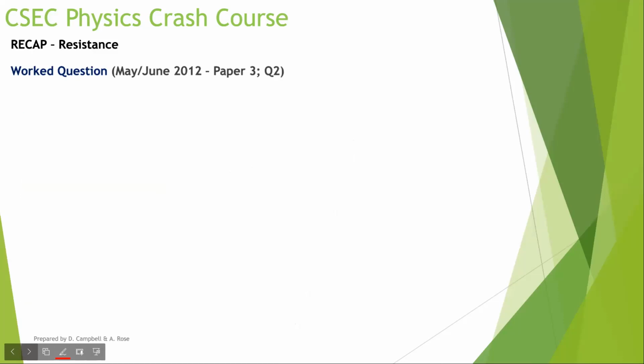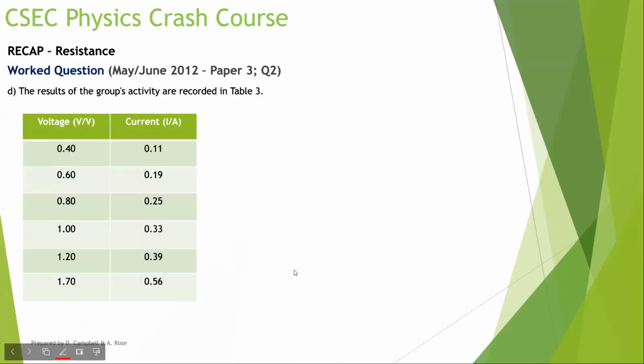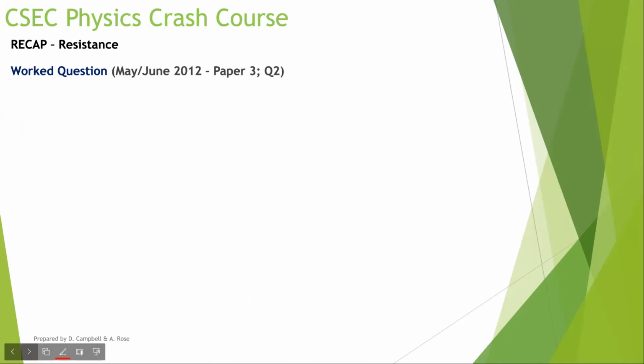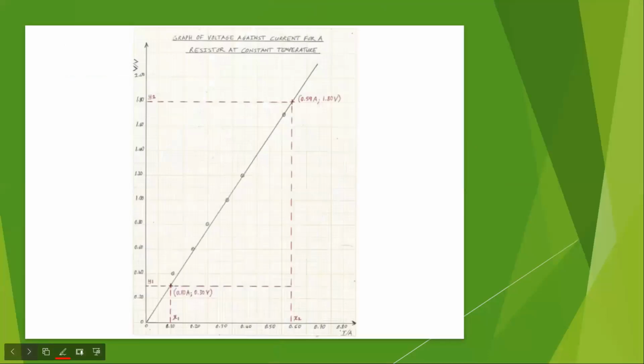Of course, you're asked to use the results that were obtained by the students to plot a graph of voltage against current. So it would be voltage on the y-axis and current on the x-axis. You're also told to begin both axes at 0, which is the origin, and that's for 6 marks.